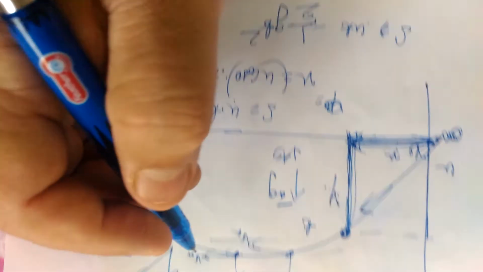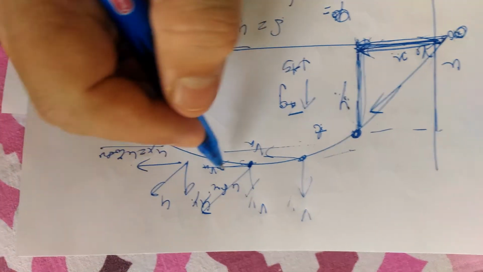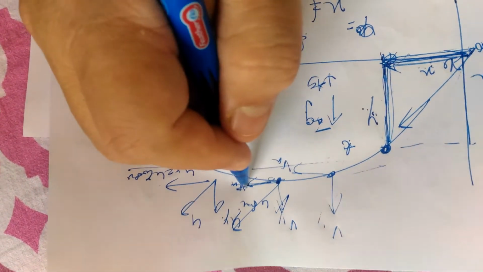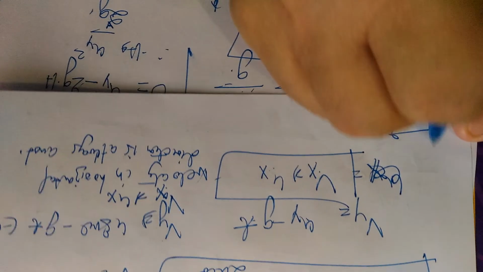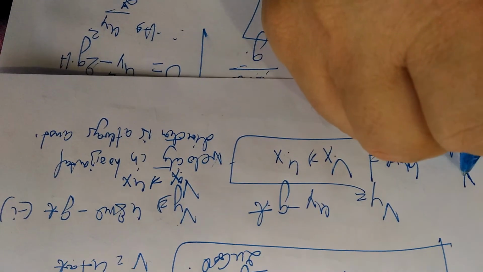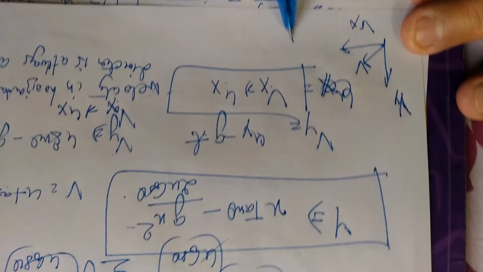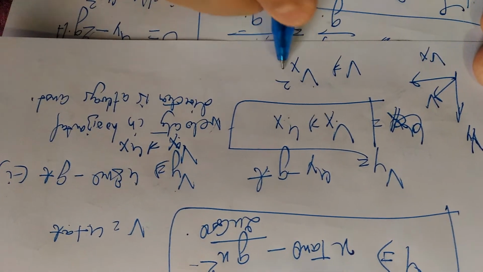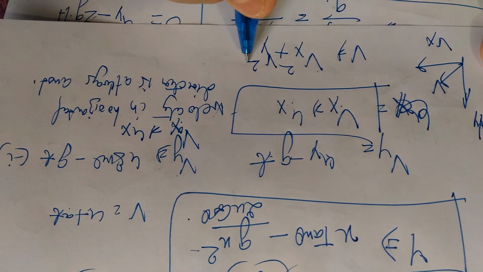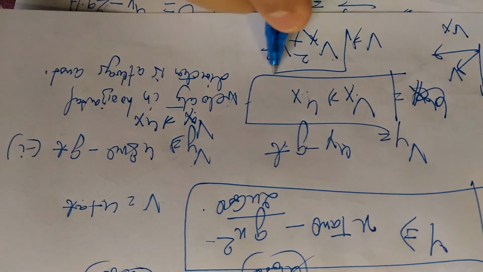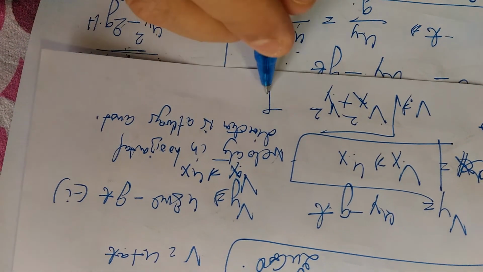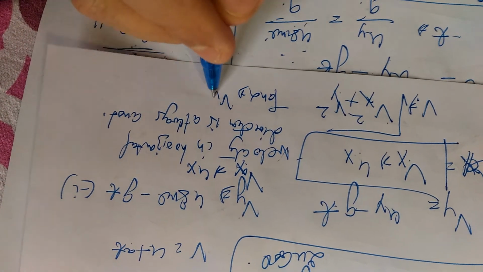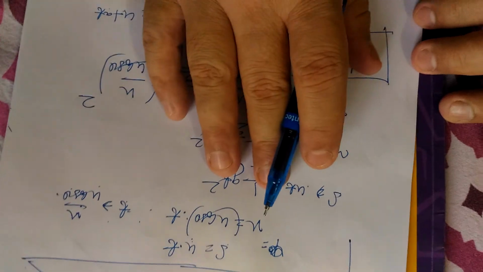The resultant velocity anywhere will be the resultant of these two motions. So this is vx, this is vy, so this will be v. So v is equal to the square root of vx square plus vy square. This will be the resultant velocity, and suppose this angle is alpha, so the direction will be tan alpha is equal to vy by vx. So you can use these relations to solve projectile motion problems.